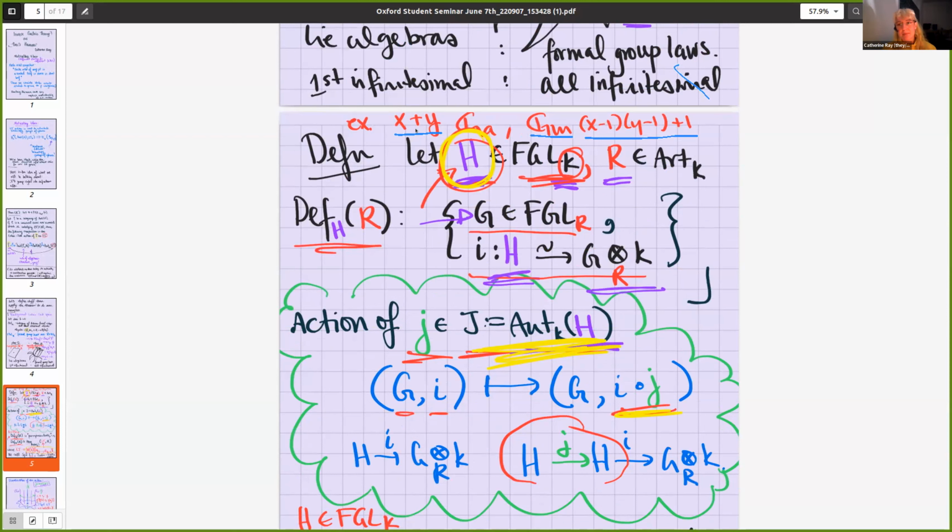If you take the P series of a formal group, which is taking X and adding X to itself P times, so taking P times X, or like N times X if N is some natural number, for example. If you do this for the additive group, it's just X plus X plus X, and this is P times X. If we do this for the multiplicative group, it's (X+1) to the P minus 1. And if you're over F of P, this is just X to the P minus 1.